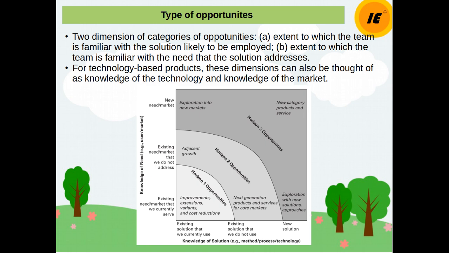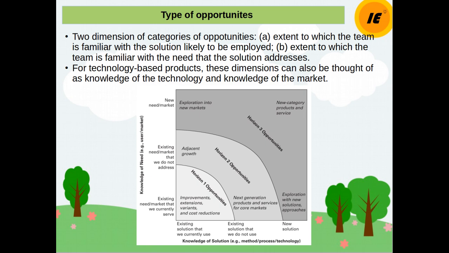Now in the market segment, in the lowest segment, it can be like an existing need or market that we currently serve. That means it is already known, not too much knowledge is needed here. We already know this, so that's not the new thing. In the medium segment, we have an existing need or market that we do not address.